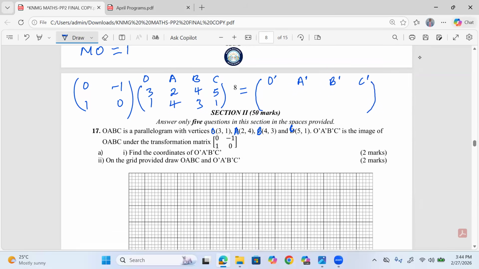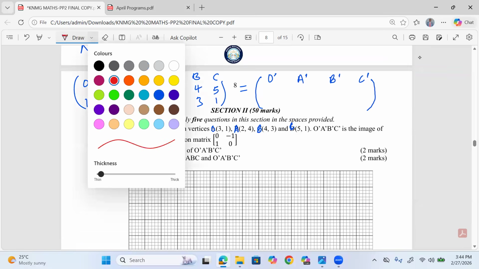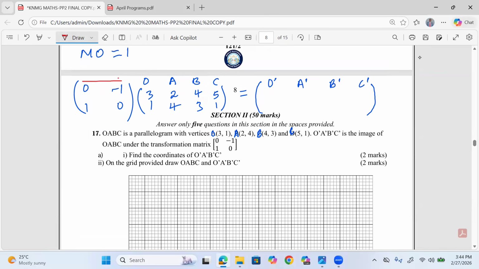Let's now get into the multiplication. We know very well that to multiply matrices, you multiply a row times a column. When we multiply the first row and the first column, we get the first element of the answer matrix.